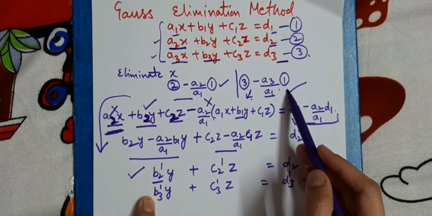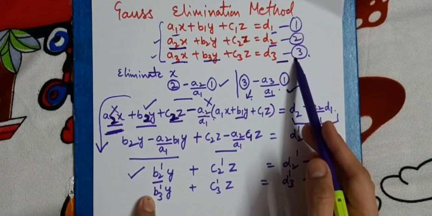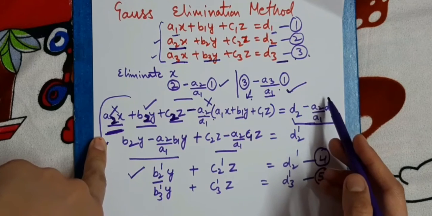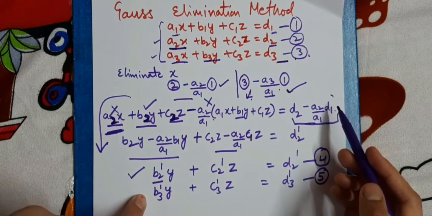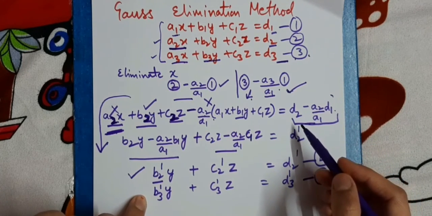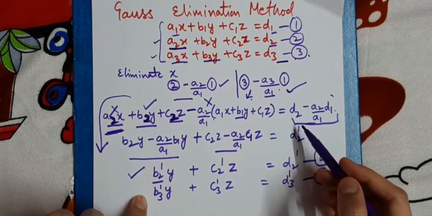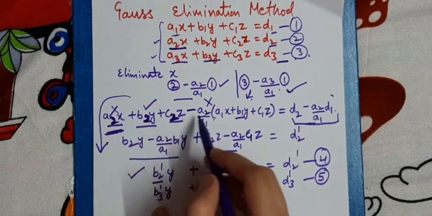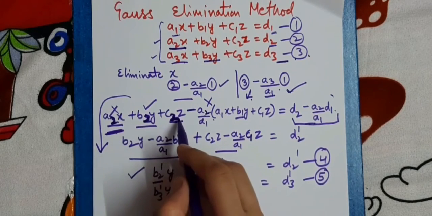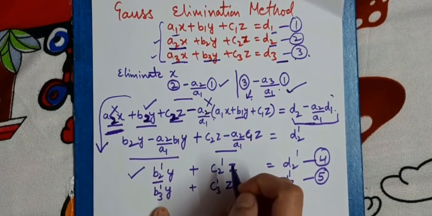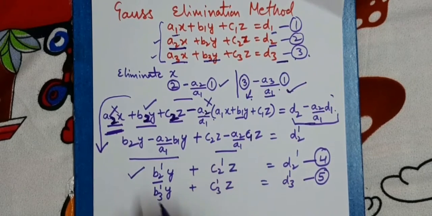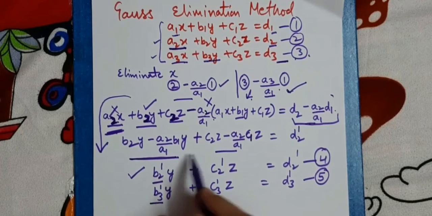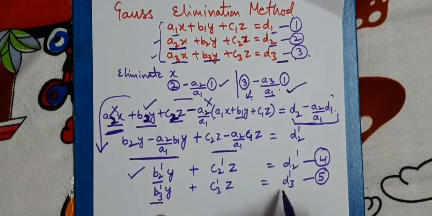We use this operation for equation number 3. You can try it yourself, you can solve it easily. If you have any problem, then you can comment, I will solve your problem. Where we write 2, replace 2 by 3, the whole procedure is the same. Then we will get this equation, renaming the coefficients of y and z and d.